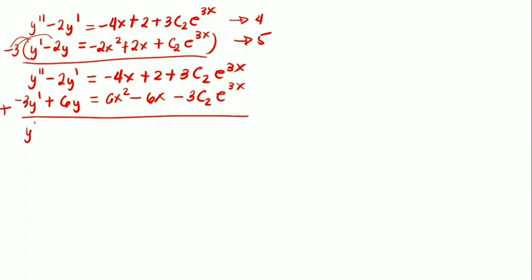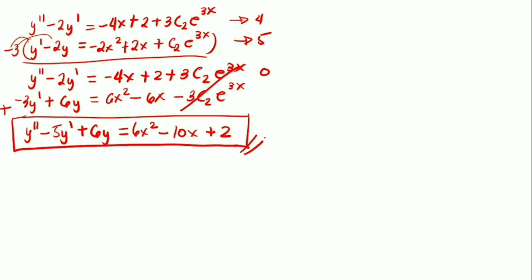So, therefore, y double prime, negative 2y prime minus 3y prime is negative 5y prime plus 6y is equal to 6x squared minus 10x plus 2, then cancel out, will be 0. Therefore, this will be the final answer.